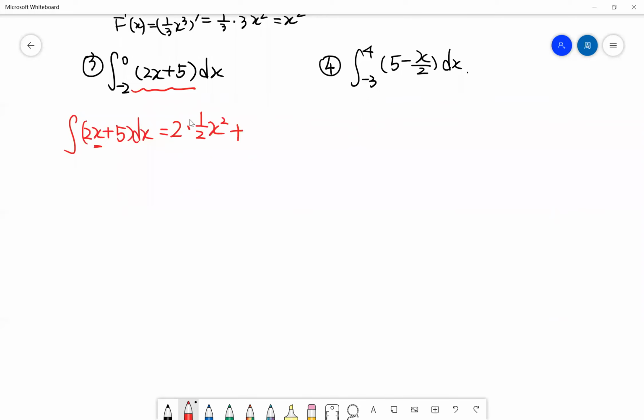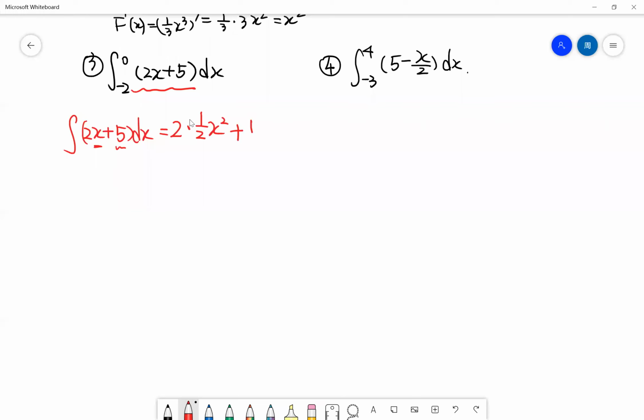And then don't forget to add this part, not 0. When we calculate the derivative of a constant, that is 0. But now we are calculating integrals, right? So here you should know that 5 is a constant times 1, and 1 means x to the power 0, right?